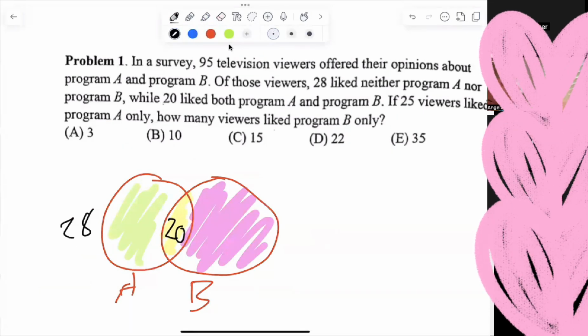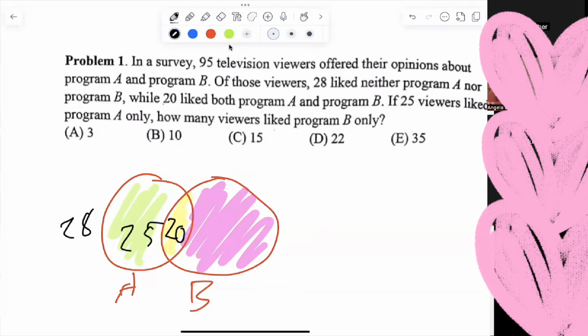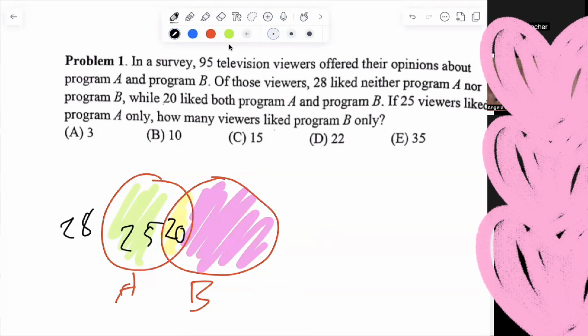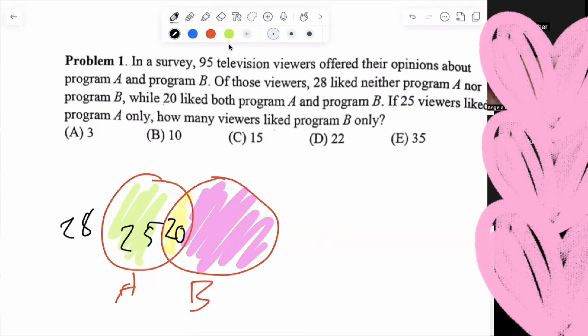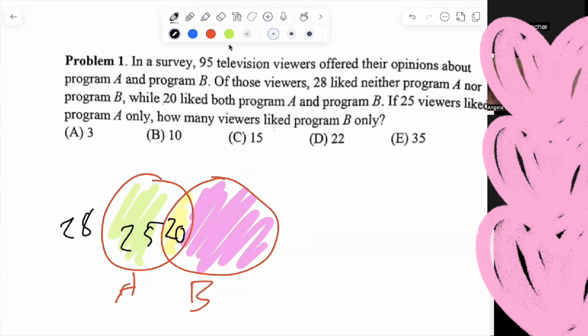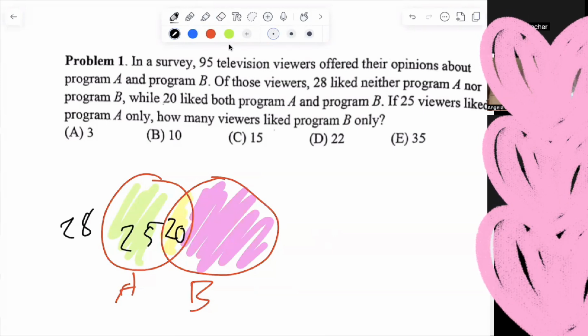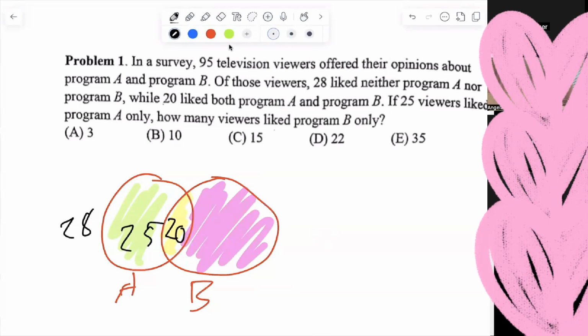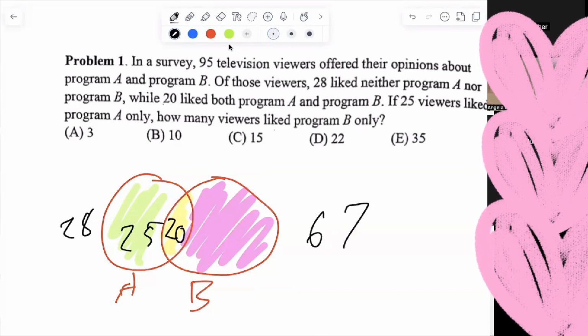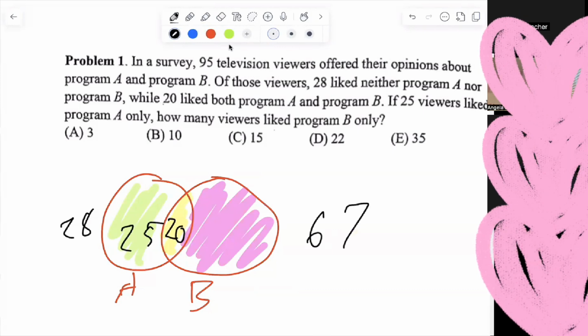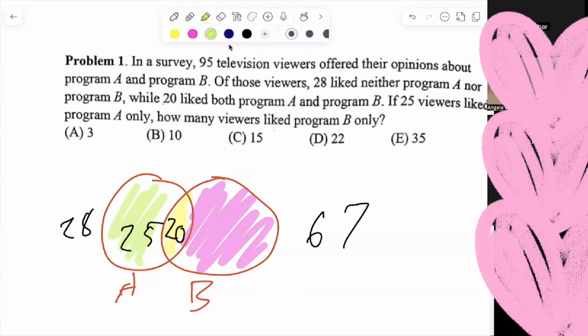28 are outside and 25 only like A. So in total, that are inside the set that are either A or B, there's a total of 95 minus 28. Since 28 are outside, we get 67 as how many are in this entire area.